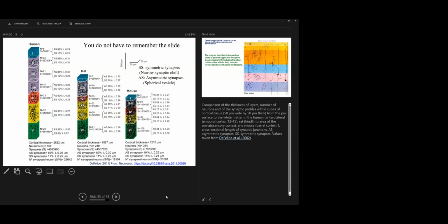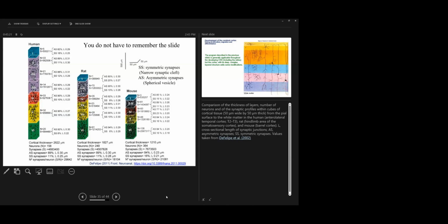Okay, so the human brain has symmetric synapses and asymmetric synapses. The cortex has 89% asymmetric synapses, and the asymmetric synapses have a narrow synaptic cleft. Okay, and in asymmetric synapses the synaptic vesicles are spherical, and the symmetric synapses also have a narrow synaptic cleft.